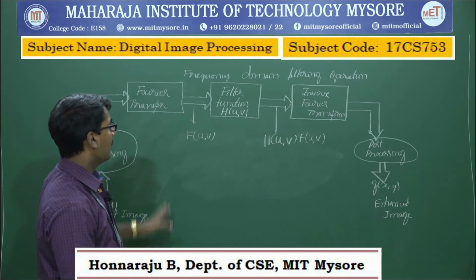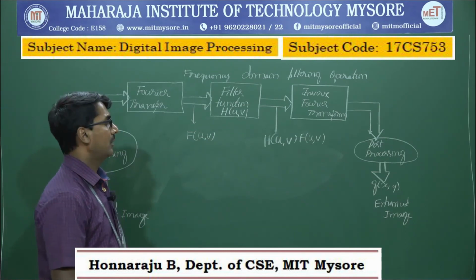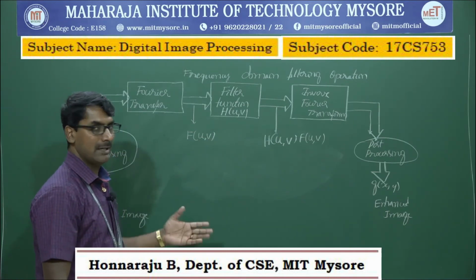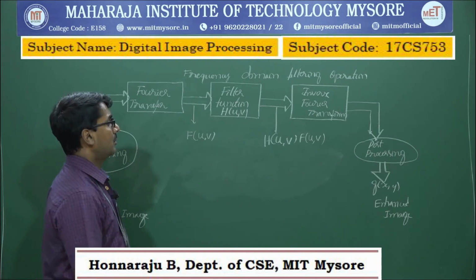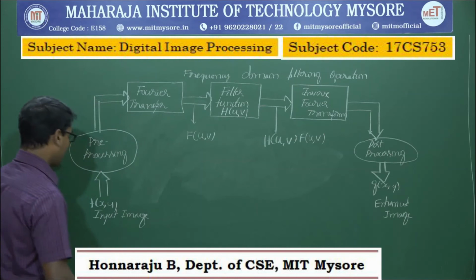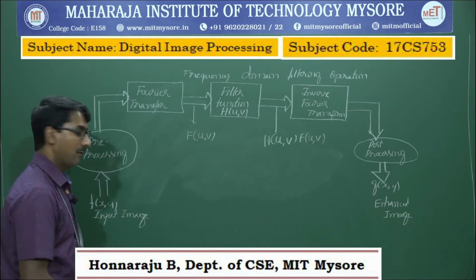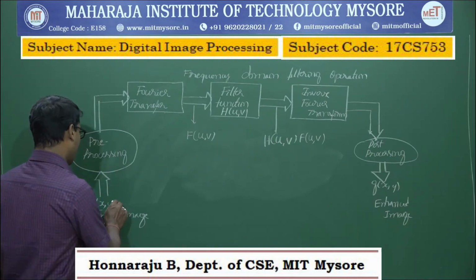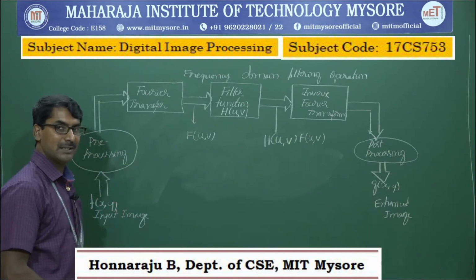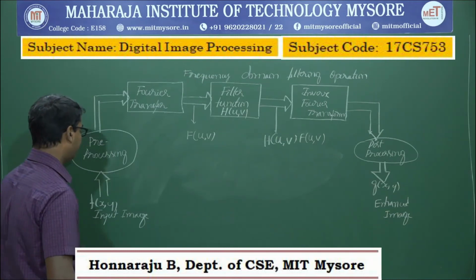It consists of 5 major steps. Here the input to this filtering is the input image f(x,y), which is in the spatial domain.